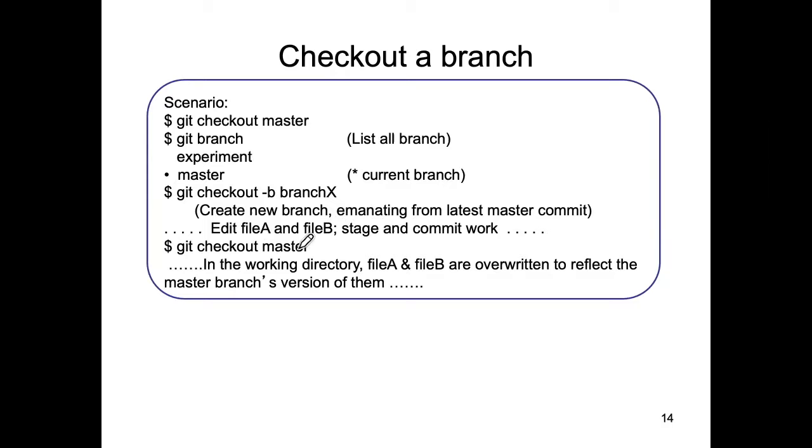I then switch back to my master branch. And I said that when you change to a different branch, Git will overwrite your working directory, which means that, for example, the edits that you made to file A and file B are now no longer visible in your working directory because the master branch didn't have them.